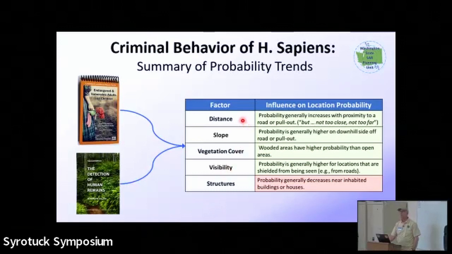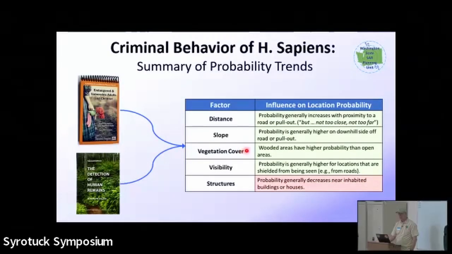We know from previous research compiled in Bob's book and other sources that likely places to look are within, let's say, 100 yards of roads, particularly on the downhill sides of roads. Our detective colleagues say a great place to look is where people have dumped stuff over the road before. Other areas of higher probability would be where there's vegetation cover or any sort of concealment.